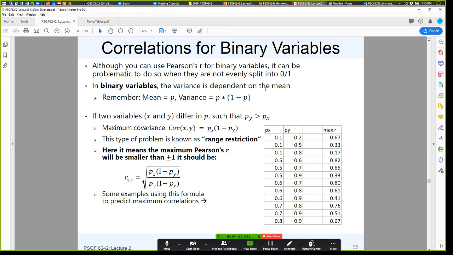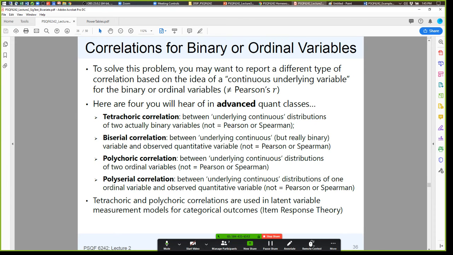That's a range restriction problem. And all of these words on the next slide, this is slide 36, are advanced statistics classes' ways of dealing with this problem. These are not things you can calculate. These are things that are estimated. And if you come back and take more classes from me, you'll get to hear about them. Like this fall, I'm going to talk about tetrachoric correlations and polychoric correlations, and it's going to be awesome.